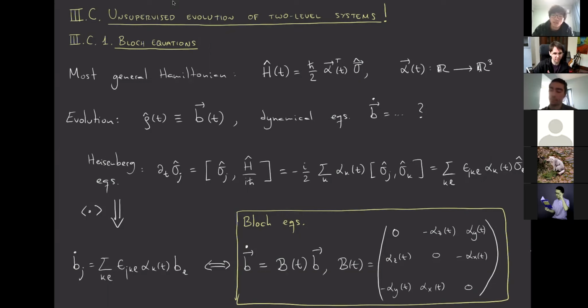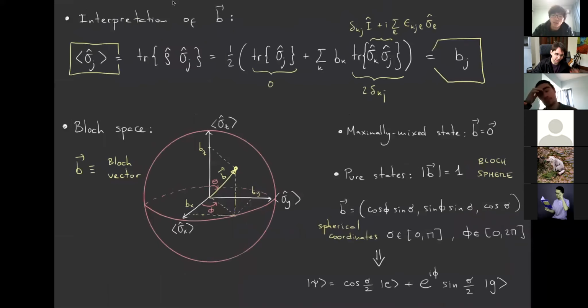But at the same time, we have seen that B is nothing but the expectation value of an operator, right? And for the expectation value of an operator, you can find the evolution in the Heisenberg or the Schrödinger picture. It's exactly the same. The expectation value of the operator does not depend on the picture.